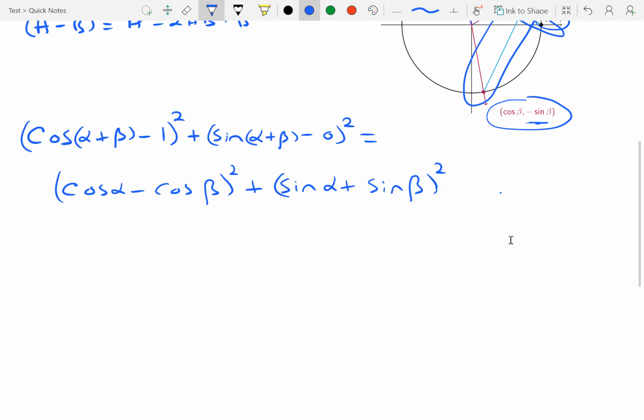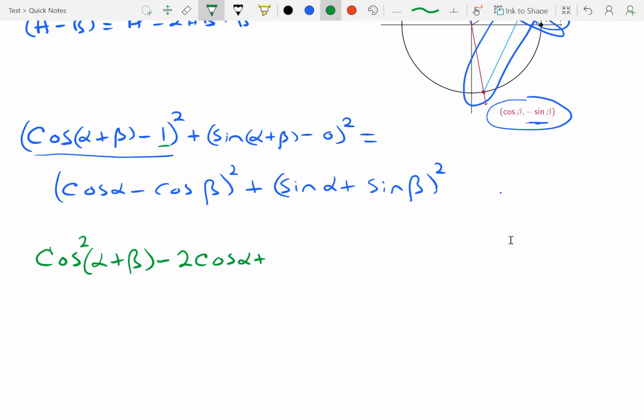Right, so let's start. Let me square the first term. That will be the cosine of alpha plus beta squared, minus 2 times the product of the two things, but one of them is a 1, so that's going to be 2 cosine of alpha plus beta, plus the last term squared, which is 1.